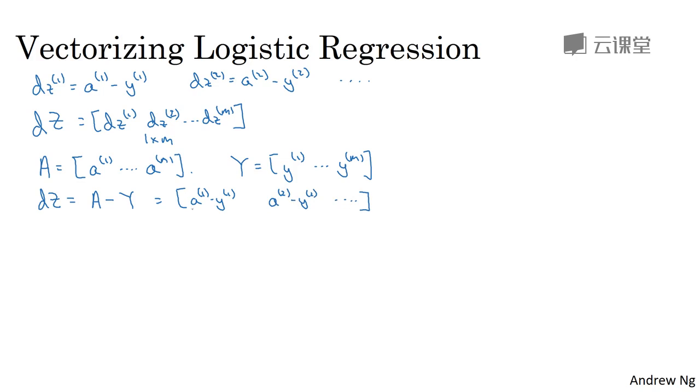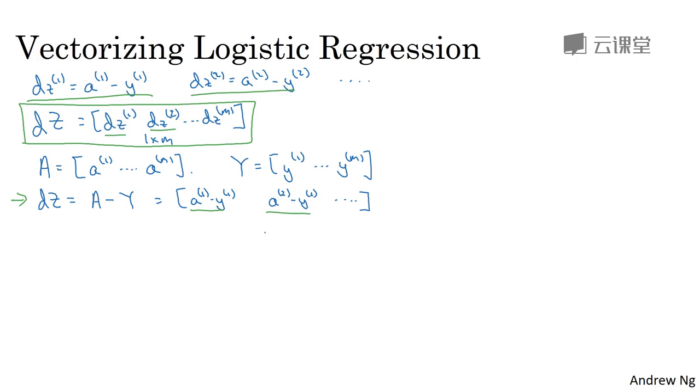And so this first element, a1 minus y1, is exactly the definition of dz1. The second element is exactly the definition of dz2, and so on. So with just one line of code, you can compute all of this at the same time.